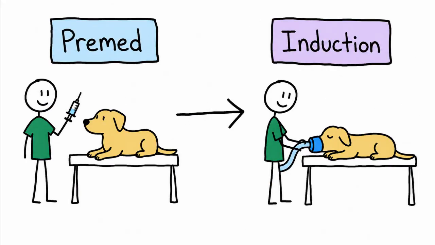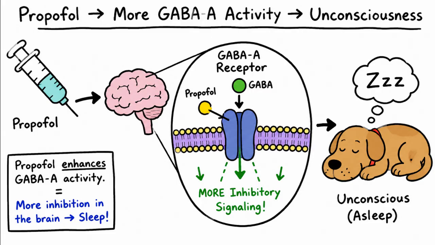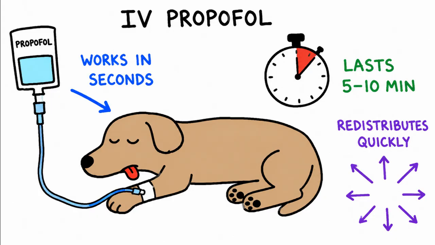Once the patient is premedicated, induction is the next step. Propofol is one of the most common induction agents in dogs and cats. It acts mainly by enhancing GABA receptor activity, rapidly increasing inhibitory signaling and producing unconsciousness. It works within seconds IV and usually lasts about 5 to 10 minutes after a single induction dose because it redistributes quickly.